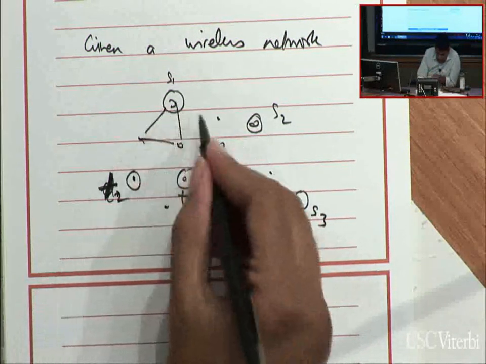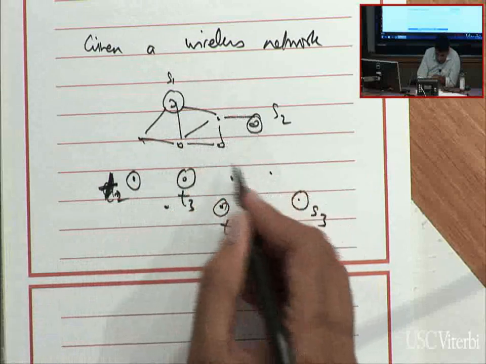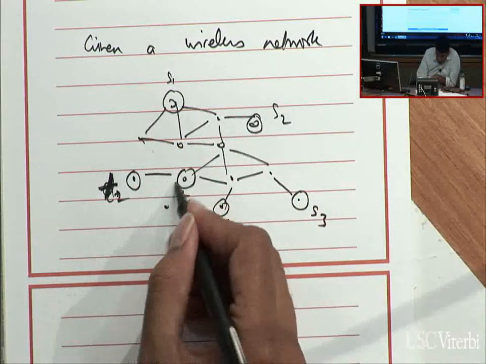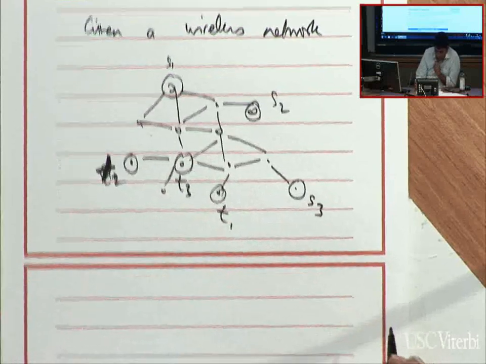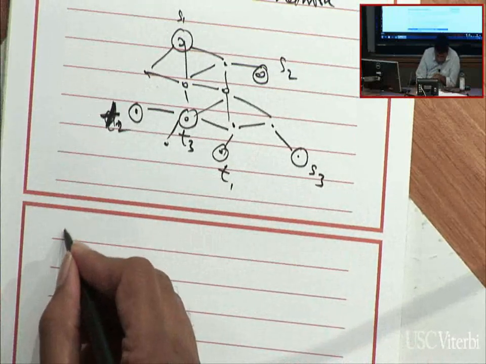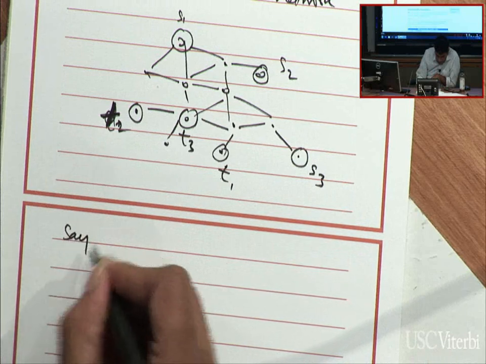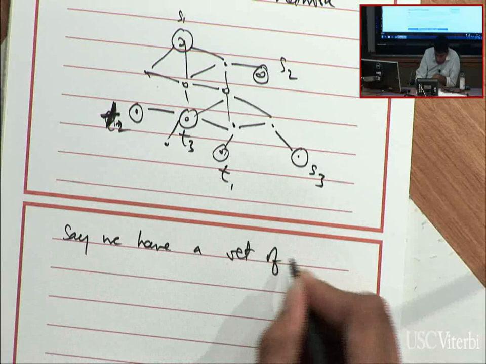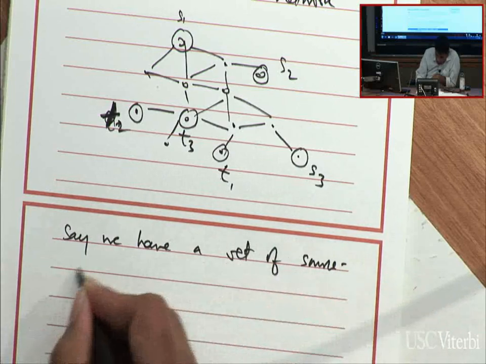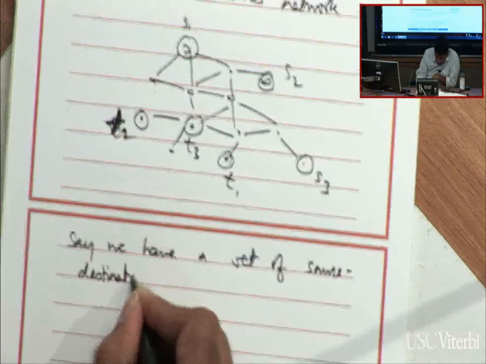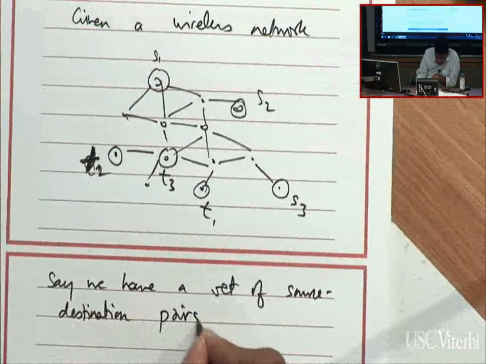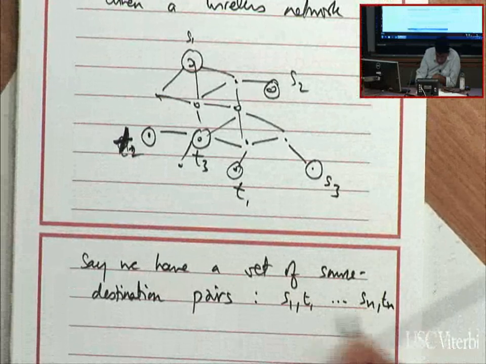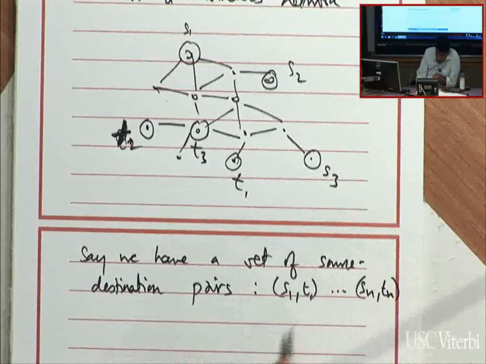Let's say for now that we have some logical topology that's been constructed over this wireless network. So say we have a set of source destination pairs.